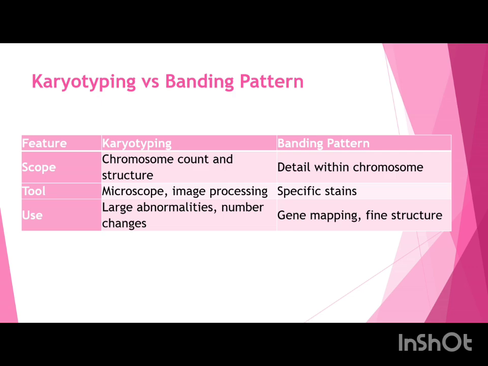They give specificity of gene mapping as well as demonstration of fine structures. So, for getting a karyotype, you have to follow the banding, and after getting the banding patterns, only then can you determine a karyotype. The process is known as karyotyping, and the result, or the photograph, is called the karyotype.